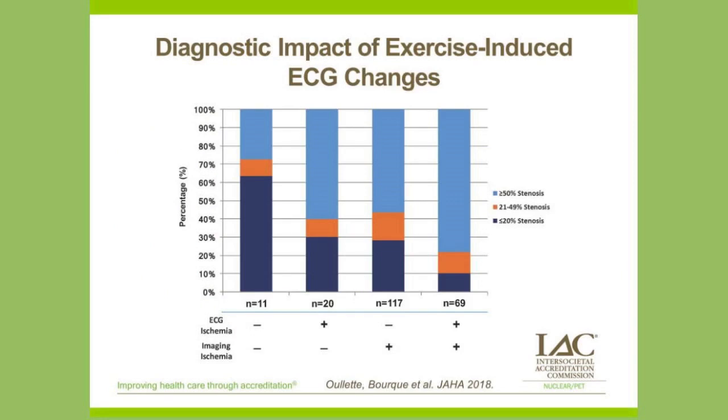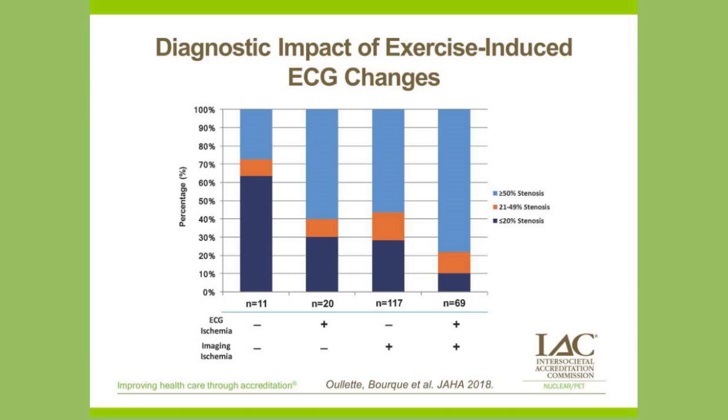So Dr. Willett and I and others looked at all comers to the cath lab at UVA over an entire year. And we looked at a variety of reasons for referral. In that group, there were approximately 300 patients who underwent stress testing as their reason for referral. And you can see here the 217 or so who received exercise imaging, looking at positive or negative ECG changes and positive or negative imaging.